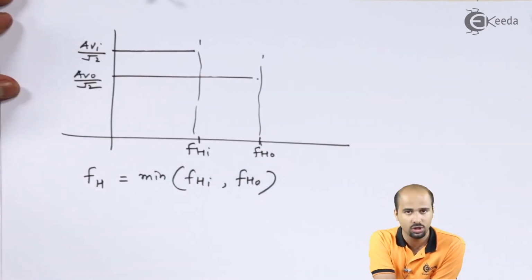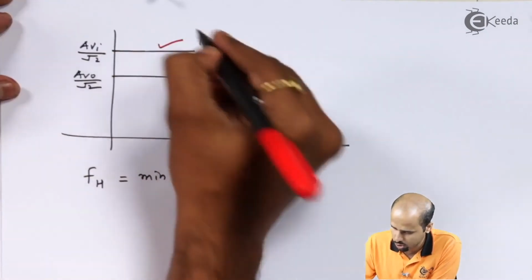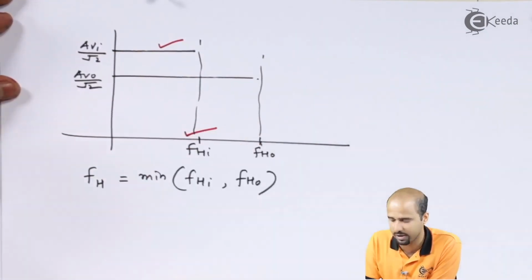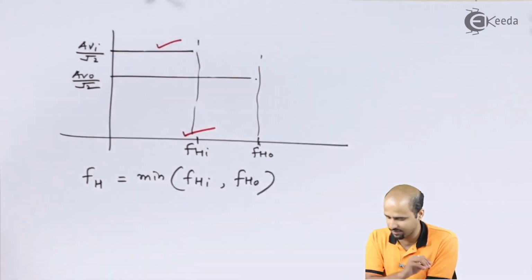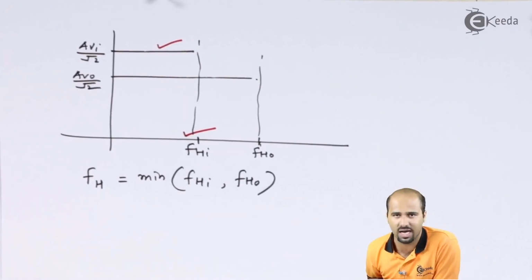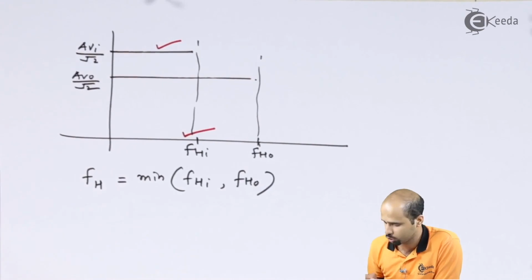So I will choose FHI. The higher cutoff frequency FH is the minimum value out of the two frequency parameters FHI and FHO.